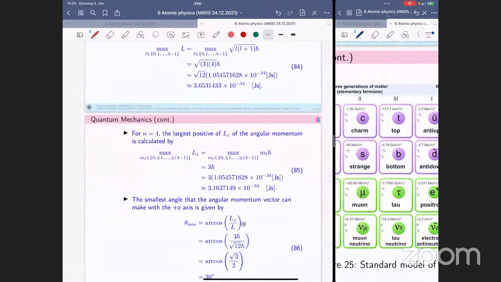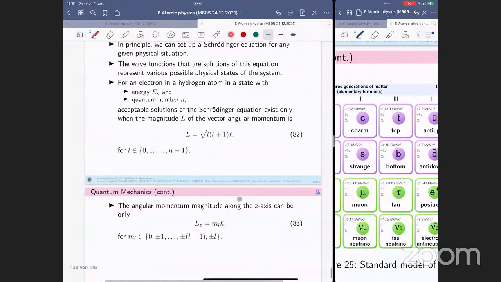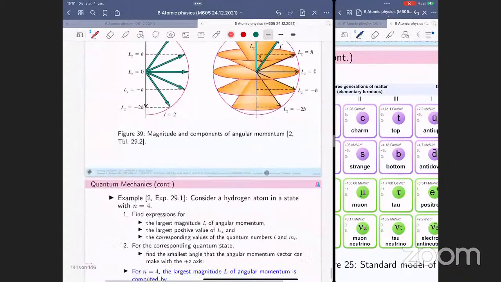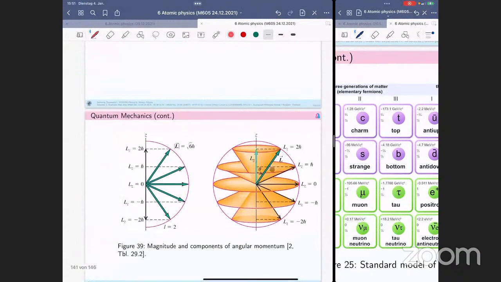For the smallest angle, we have theta min, where cosine is the ratio between Lz and the absolute value of vector L, which is the length of this vector.